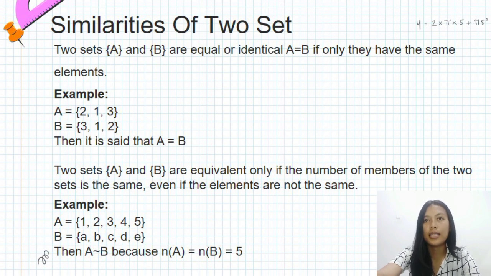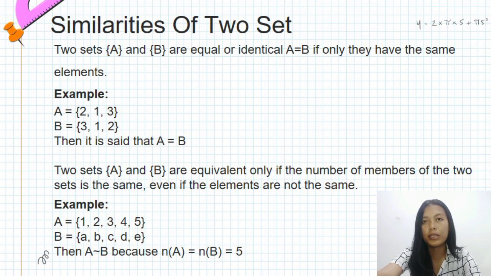Then it is said that A equals B. Two sets A and B are equivalent if and only if the number of members of the two sets is the same, even if the elements are not the same.